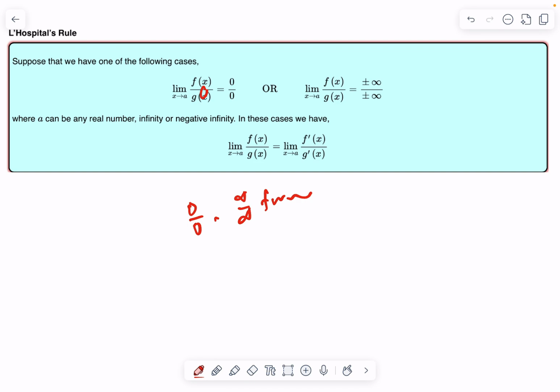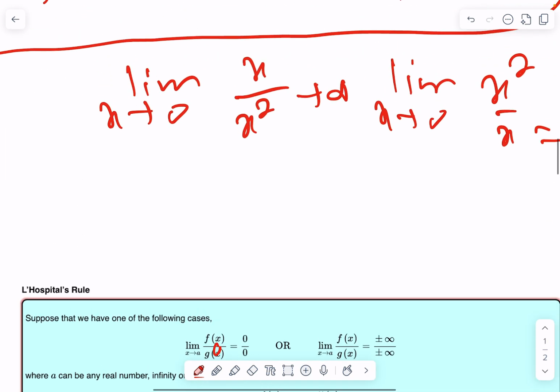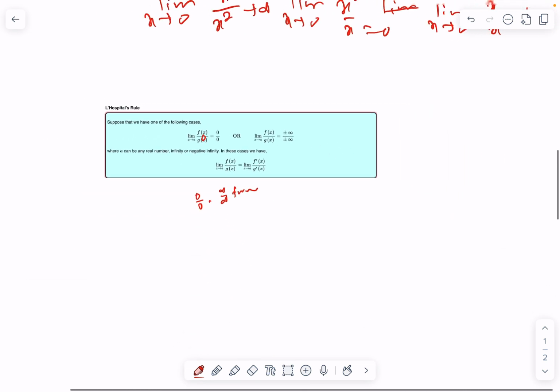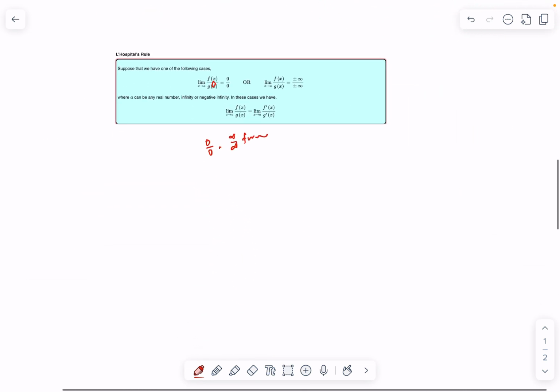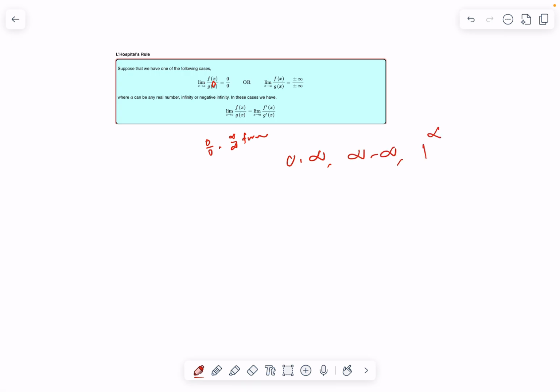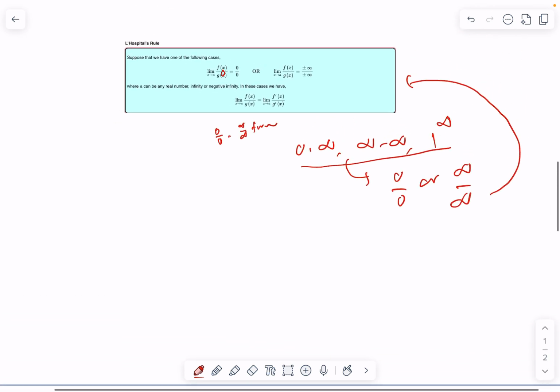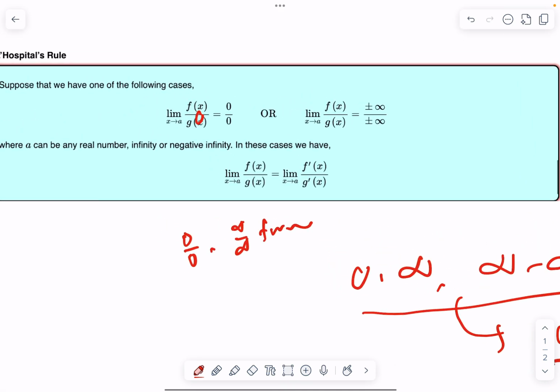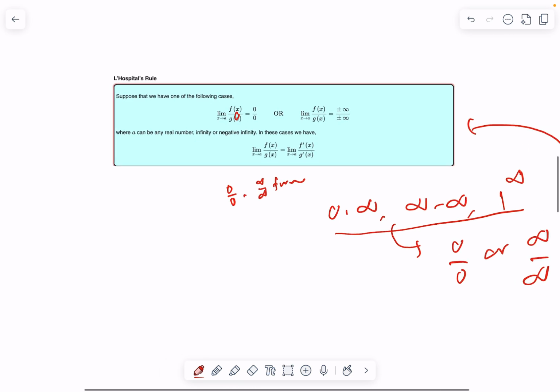If we have another form, instead of 0 by 0, like 0 into infinity or infinity minus infinity or 1 raised to infinity kind of things, then you can convert this form into either 0 by 0 or infinity by infinity, and then use the result. So this is a simple result, and we can use it to solve examples.